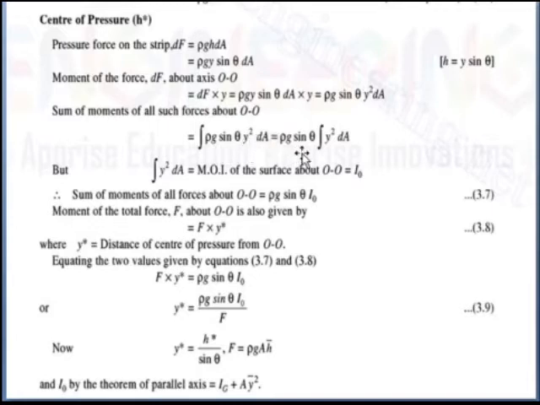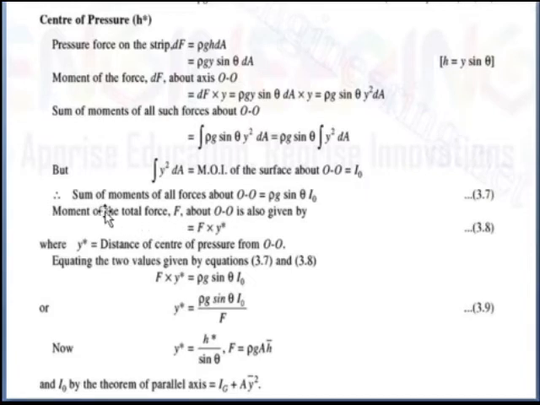The constant terms are rho g sin theta, and the integration of y square dA. But we know that the integration of y square dA is nothing but the moment of inertia of the surface about OO, which is indicated by I naught.